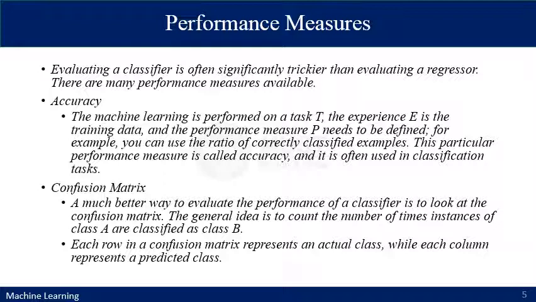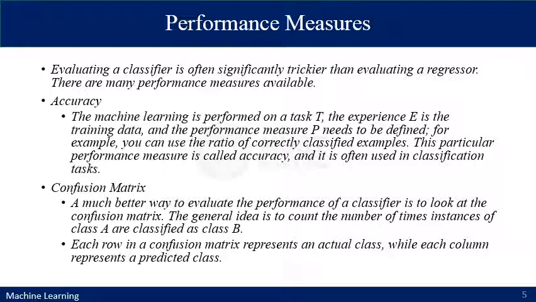There are many performance measures available, and one of the most common is the accuracy performance measure. Machine learning is typically performed on a task. As we described in the definition of machine learning in the first lecture, the machine learns with experience E, which is based on the training data, and it measures its performance with some performance criteria which is specified by P, and it has to be defined.